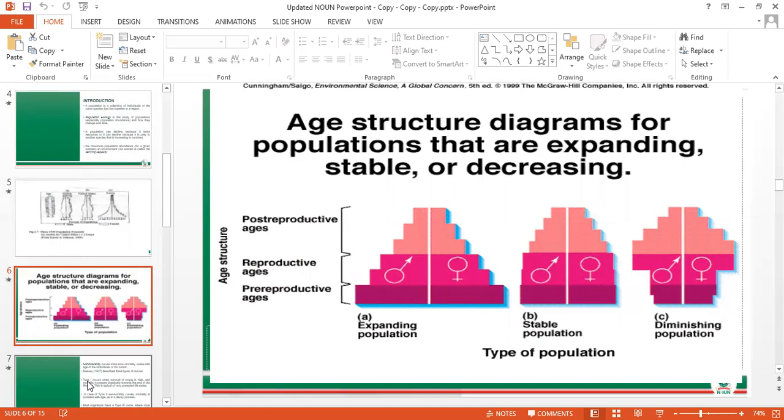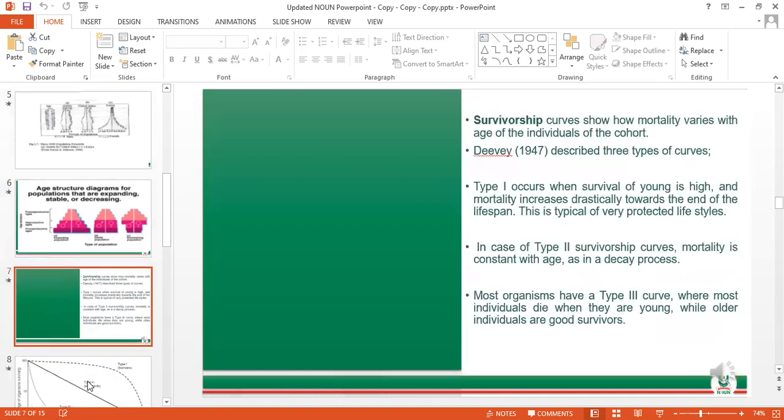Invariably it means that such a population is expanding. Whereas for B, such a population is stagnant because we have a stagnant number of pre-reproductive and reproductive age. Whereas for the last, C, a population that is diminishing is a population where you have more post-reproductive individuals, because those have exhausted their reproductive capacity. So in such a population, there is no way it will be expanding.